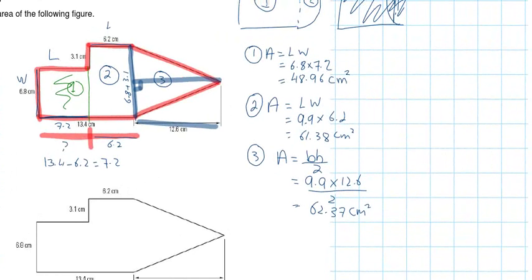So my total area is the area of 1 plus the area of 2 plus the area of 3, which is 172.71 centimeter squared.